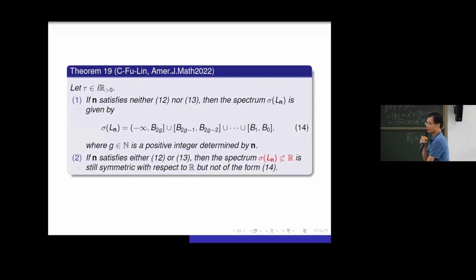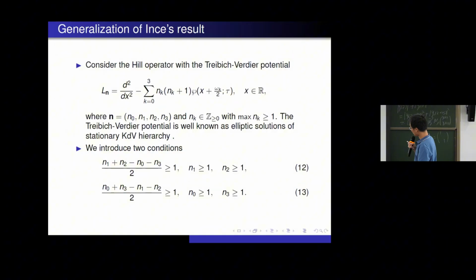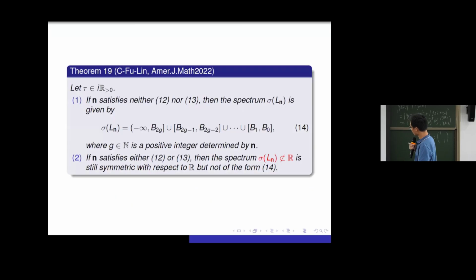Our result is that if n satisfies neither this one nor this one, that is, if this one does not hold and this one also does not hold, then the spectrum is also given in this way.